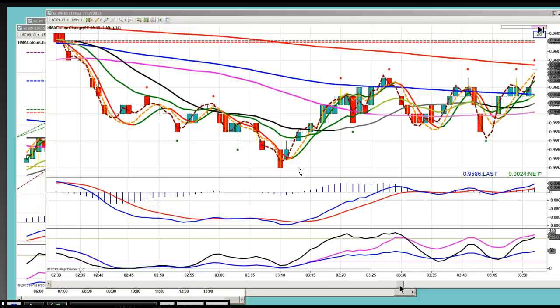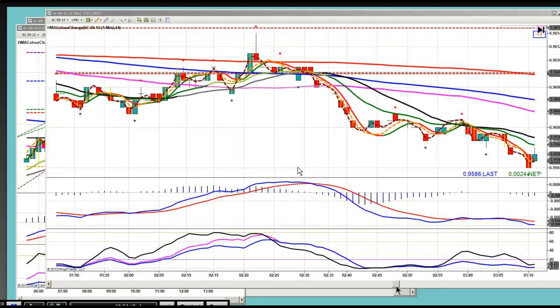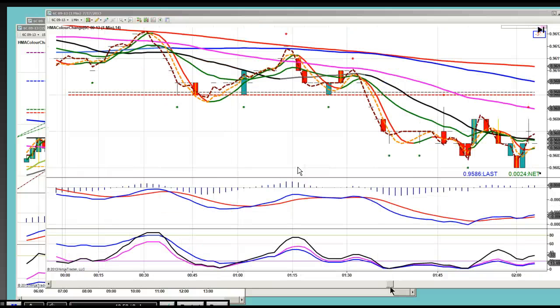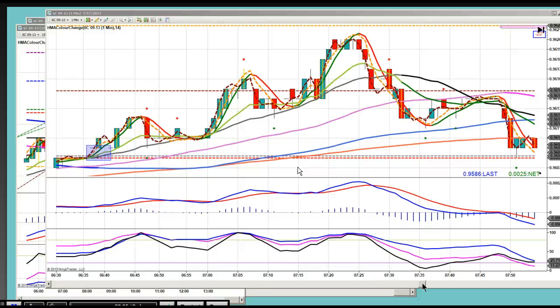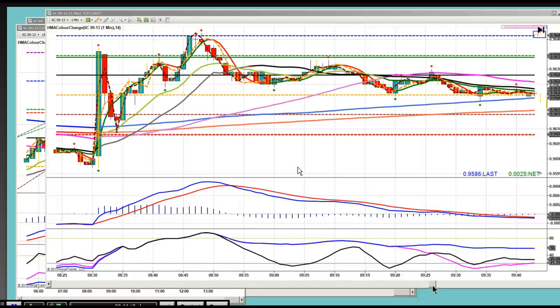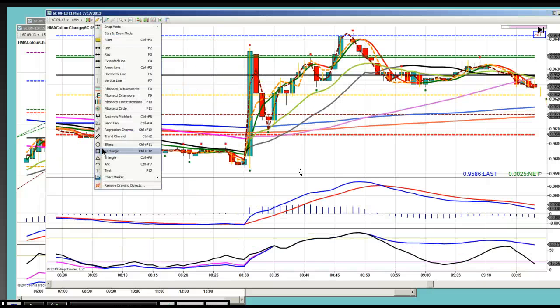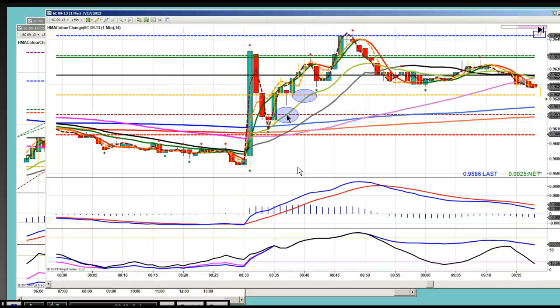With regards to the rest of the pivots, let me show you some other examples. Okay, here's a good example. Can you see when you see these wooden floors, the brown one, the yellow one, the green one, the blue one, the 13, if it's close to it, it's going to go through regardless.